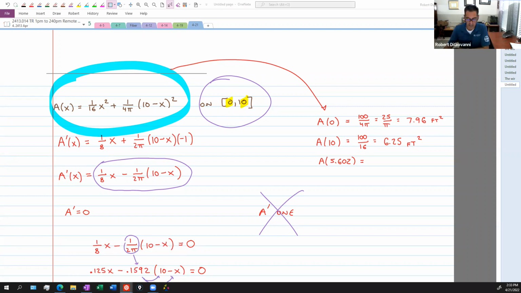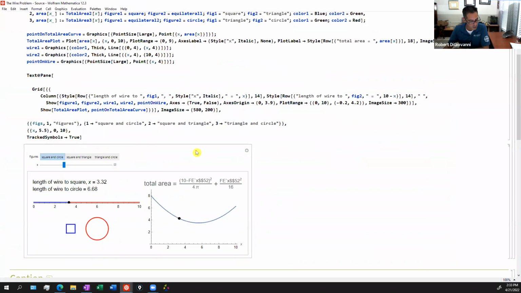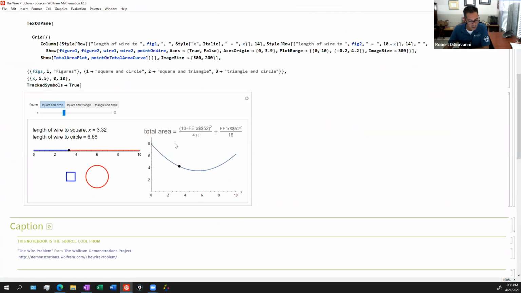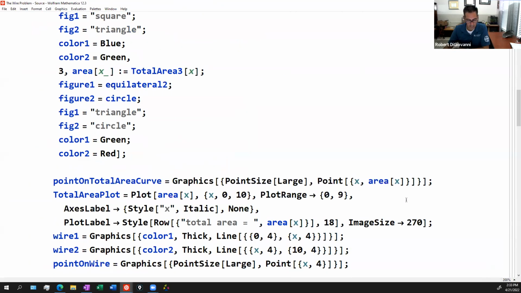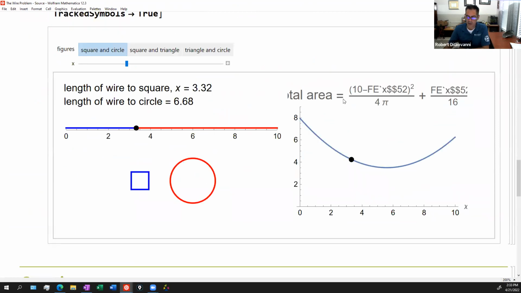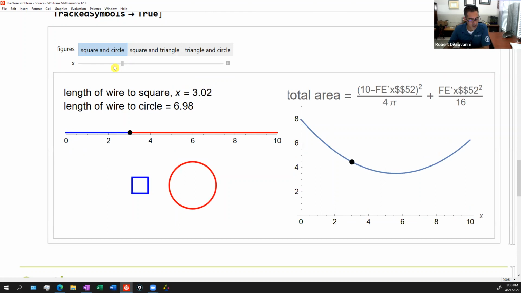I had written a program to kind of illustrate what we're doing here. Gotta make this bigger for you. So ignore this. I don't know why I'm getting an error here. So basically we're cutting it somewhere, right?